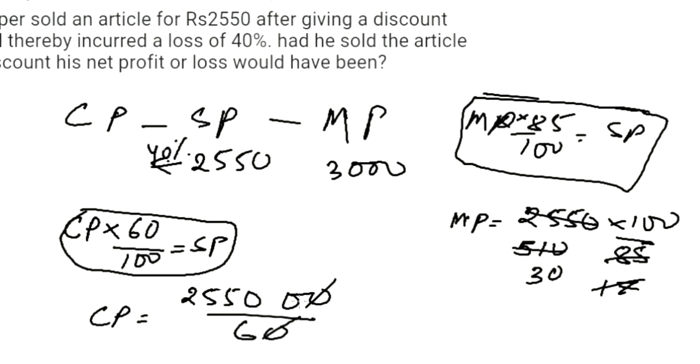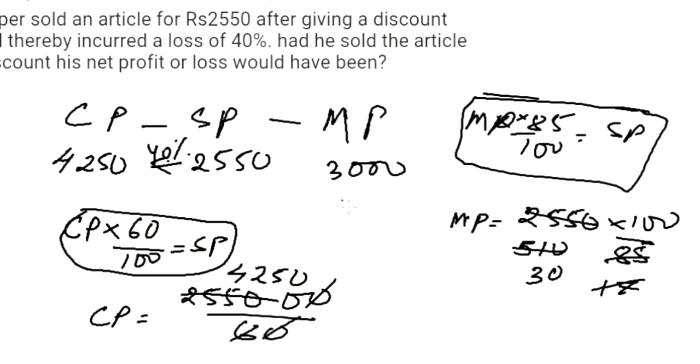Calculate. See, wait, 6 4s are 24, and 6 5s are 30, and then 0. So that means the cost price is 4250.